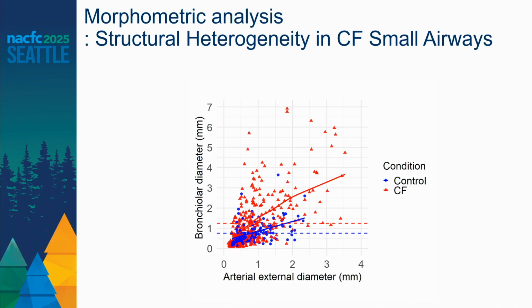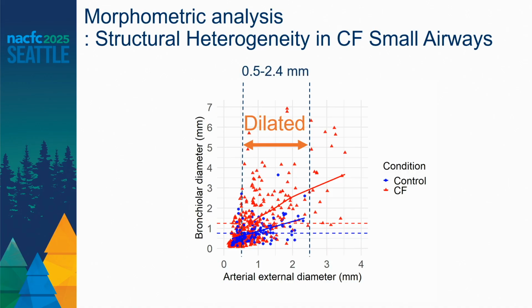After statistical analysis, we could detect a range of 0.5 to 2.4 millimeters in corresponding arterial external diameter. In those areas, bronchiolar diameter, the small airway diameter, gets enlarged. So using these values, we subdivided the small airways into dilated lesions and non-dilated lesions.